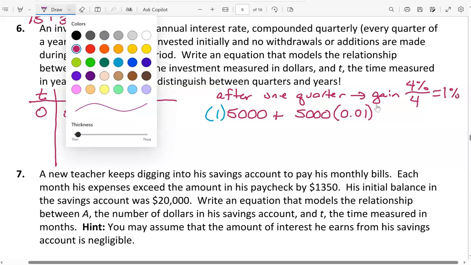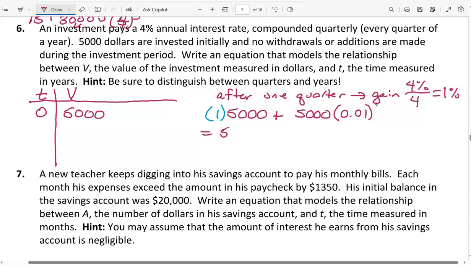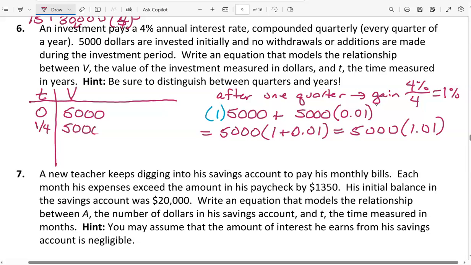And if we factor the $5,000 out, we get 5,000 times 1 plus 0.01, or 5,000 times 1.01, which is to say that if we start with 100% of our investment and we add an additional 1%, then we will have, at the end of 1 quarter, 101% of the investment.